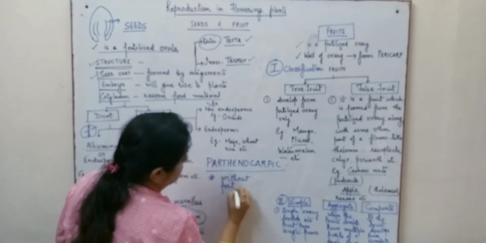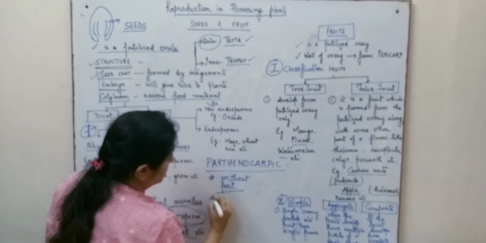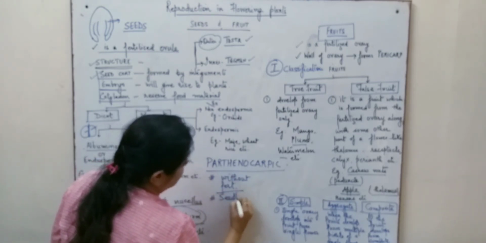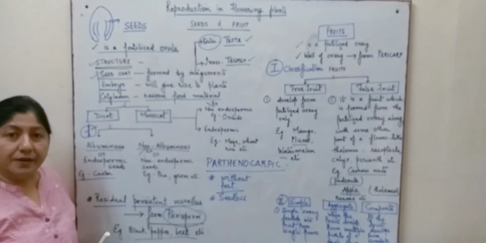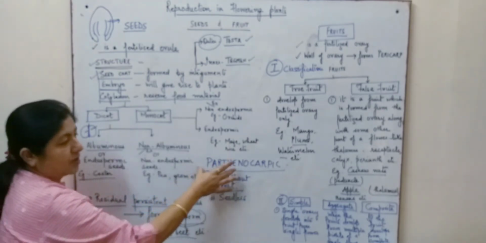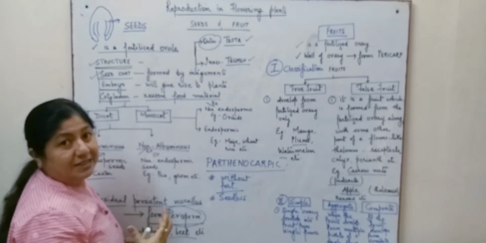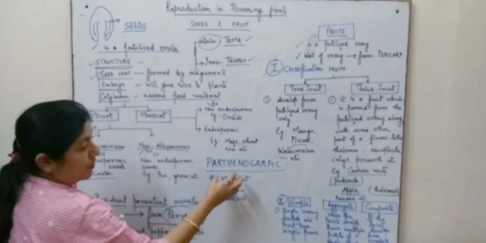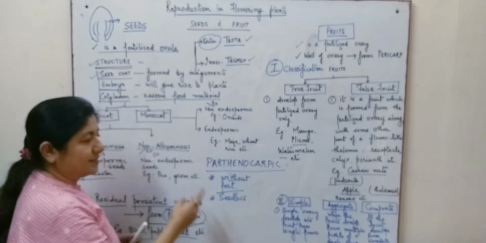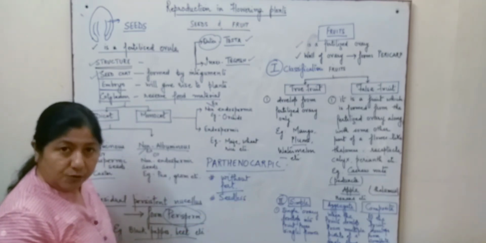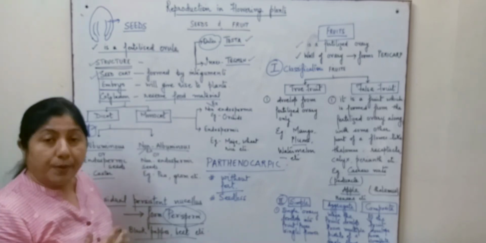There is no fertilization here. Normally these are seedless. For example, banana is a parthenocarpic fruit and does not have seeds. So the fruits which are formed without the process of fertilization and are seedless are known as parthenocarpic fruits, and the process is known as parthenocarpy.